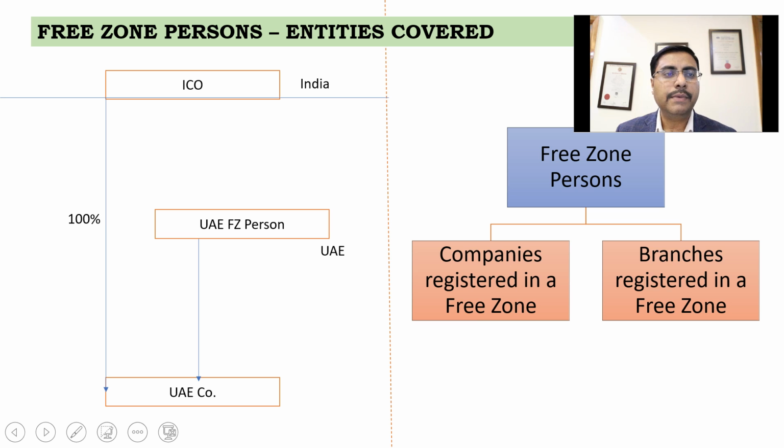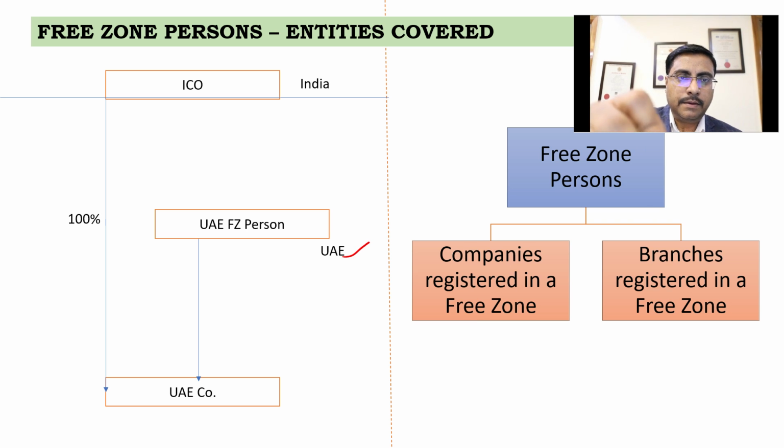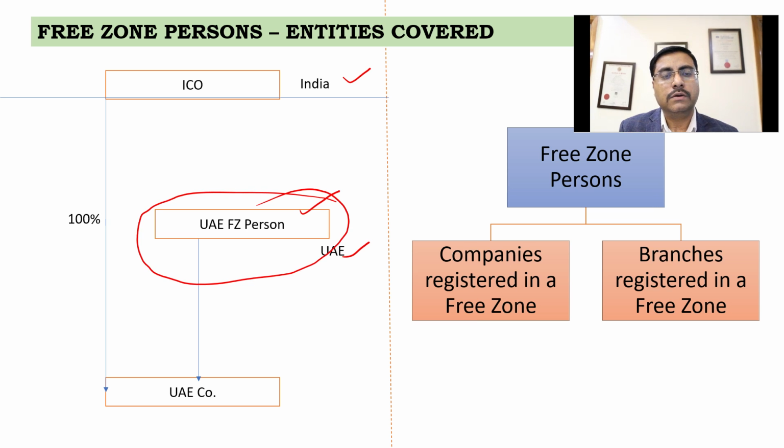So in this example, I cover the taxability of a free zone person. The UAE has a presence by an Indian company, which has a company situated in the free zone, 100% held. This free zone company is going tax free because it is earning qualifying income.